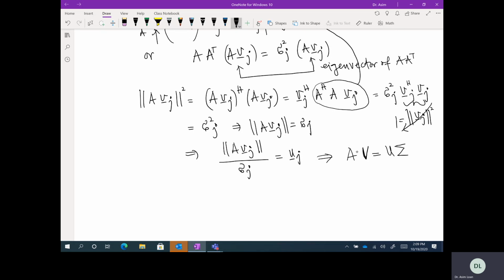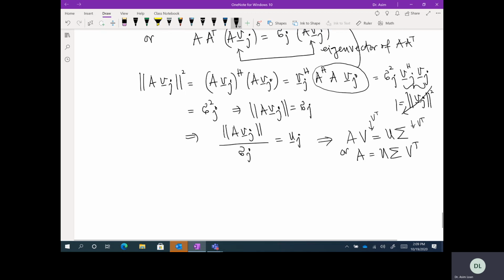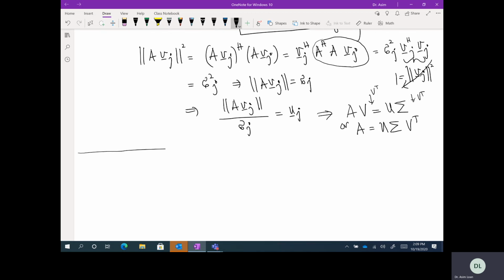So when I multiply V transpose on both sides, I get my singular value decomposition, or A equals U times sigma V transpose. So this is a semi-formal proof of the singular value decomposition.